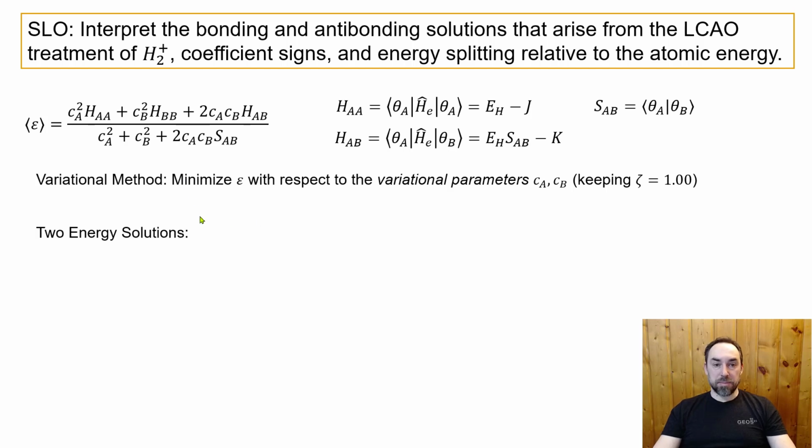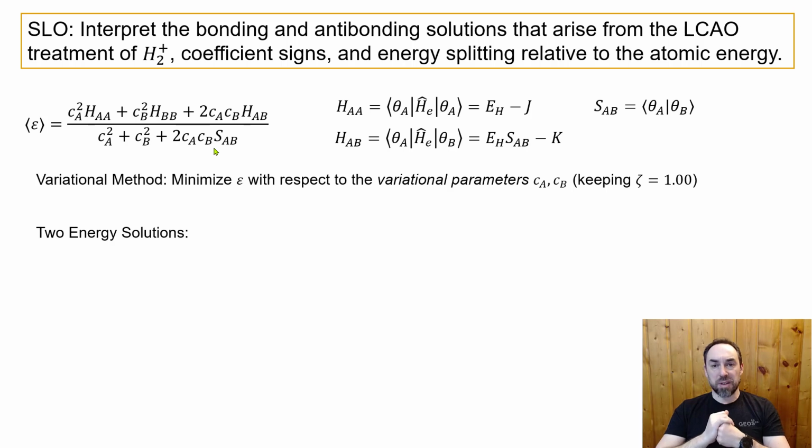When we do that, it turns out that in order for the minimization of the energy not to lead to unrealistic results, like the wave function not existing at all, something called the secular determinant arises.